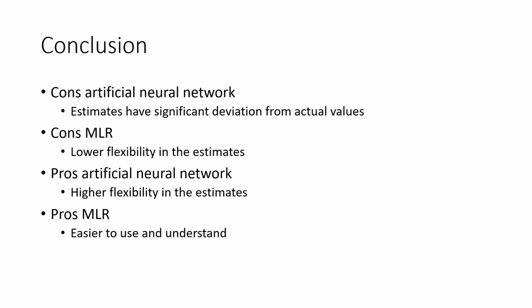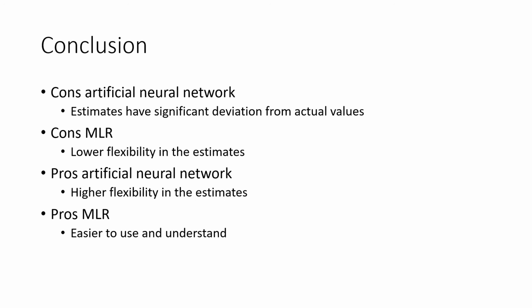Now, a few pros and cons of the artificial neural network and the multilinear regression model that I found: in the artificial neural network, the values do seem to have a significant deviation from the actual values.